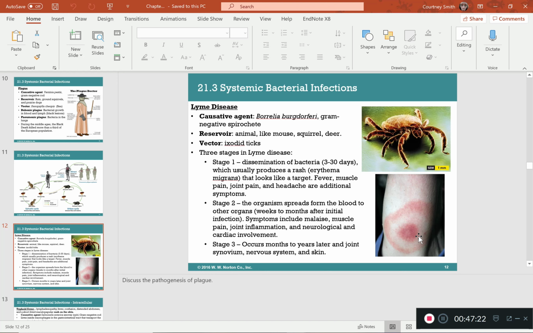And then followed by that, the organism will eventually spread to your blood and other organs. So this normally takes weeks to months after the initial infection. And this is where you will feel very lethargic. You'll feel arthritic, and then sometimes neurological or cardiovascular may be involved.